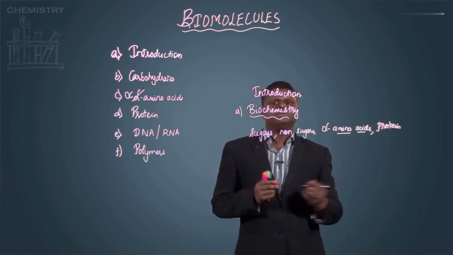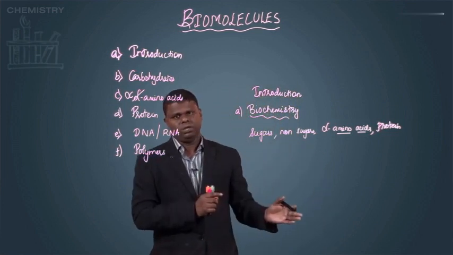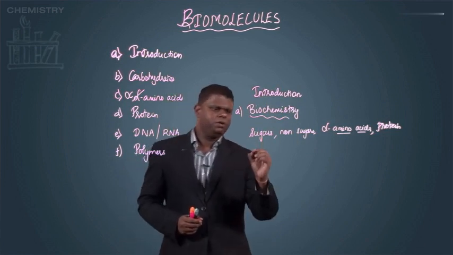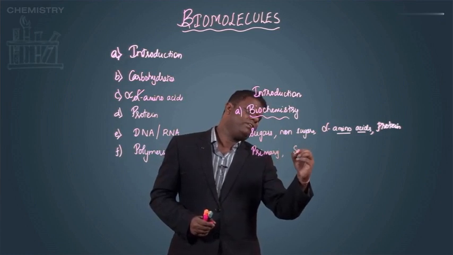Other than these, there are primary and secondary metabolites which are present in plants and animals, and they are also biomolecules.